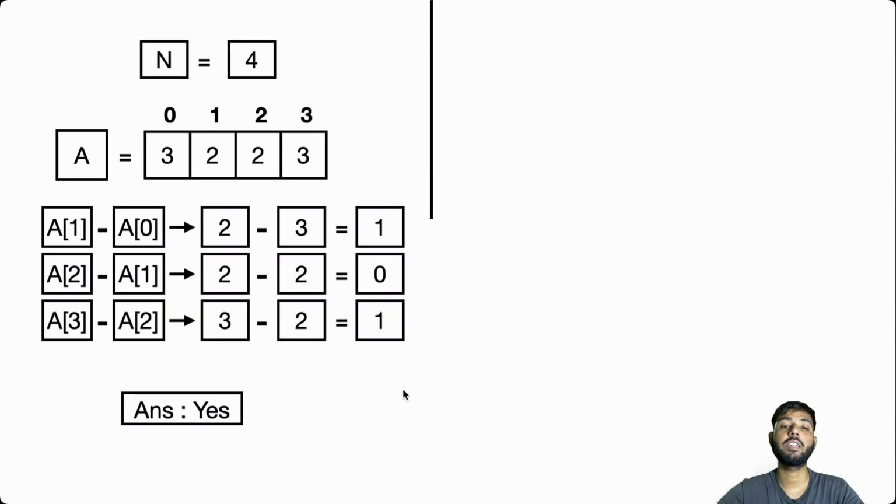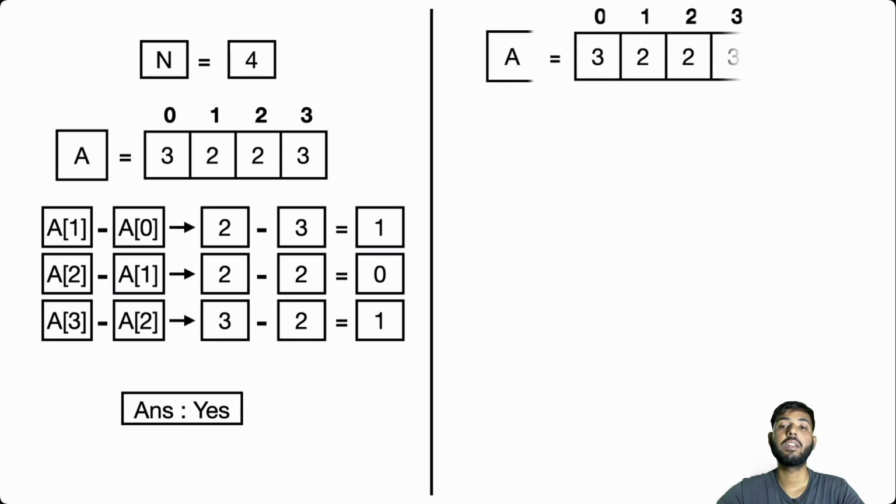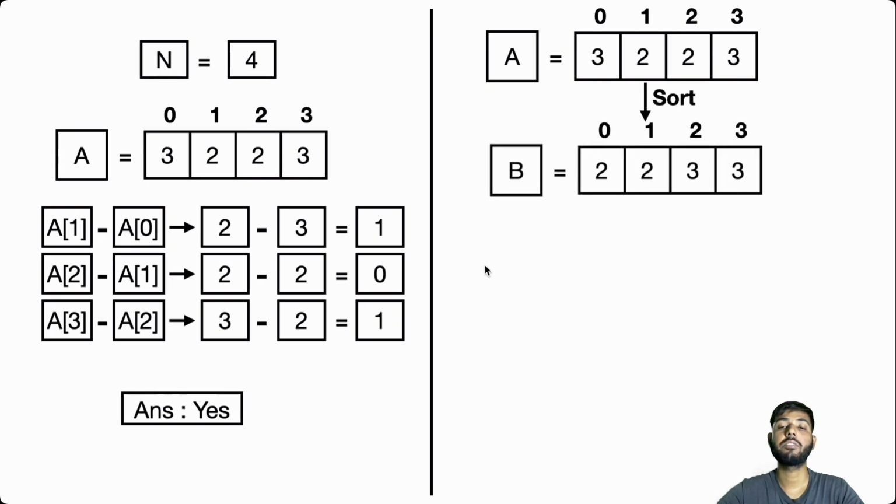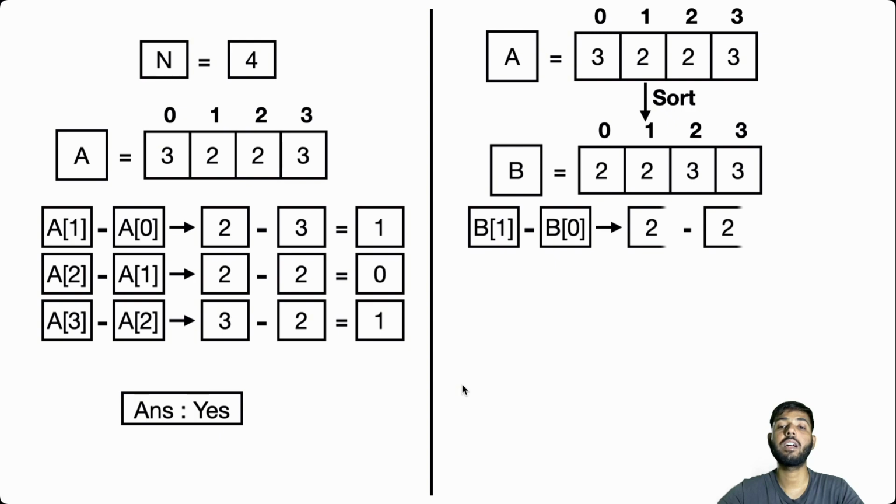Now let's quickly see the approach. First we need to sort the array. Now after sorting the array, we need to check the result of subtracting adjacent elements. After subtracting, we should get a result less than or equal to 1.